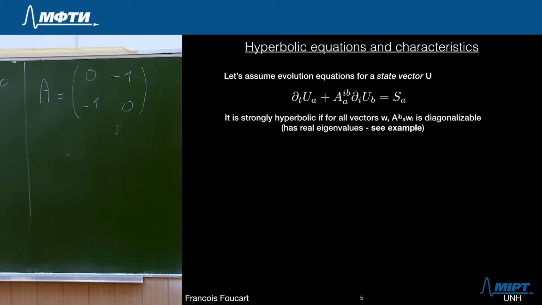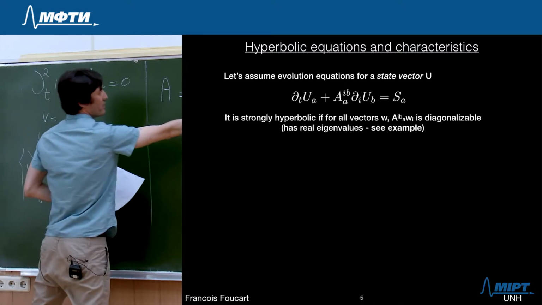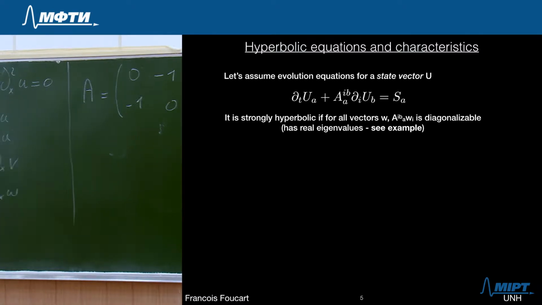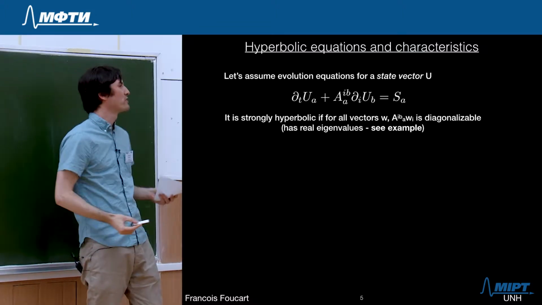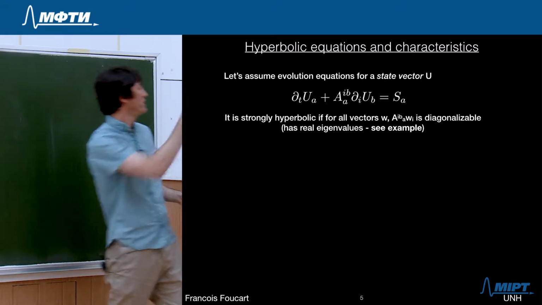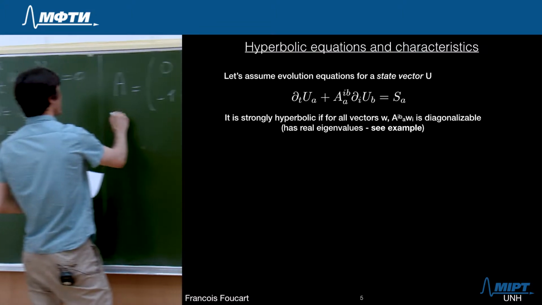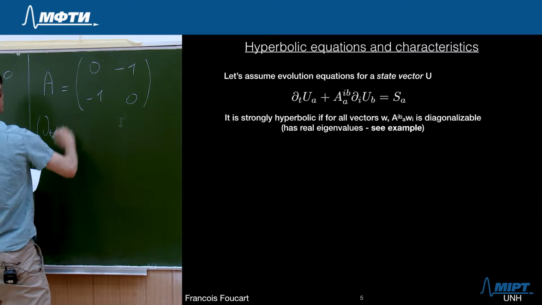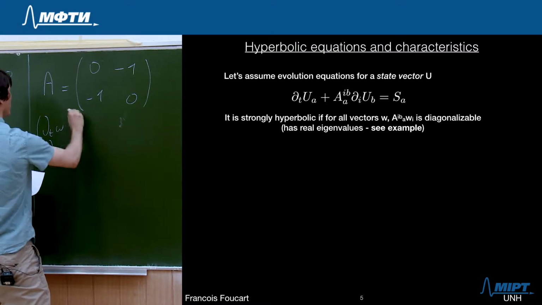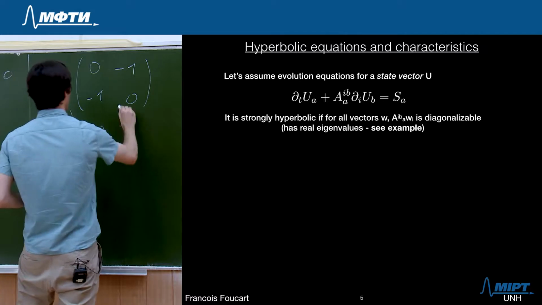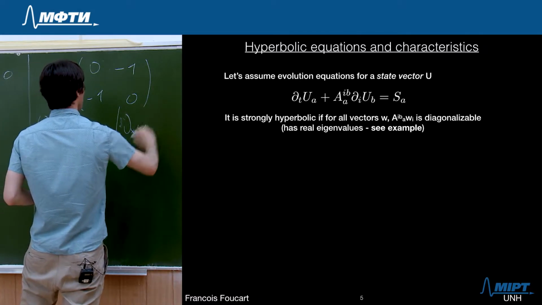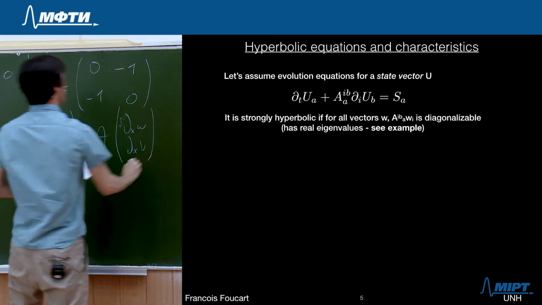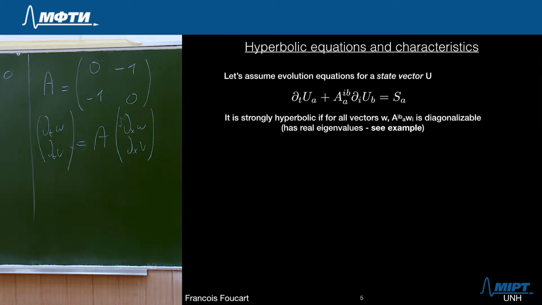And similarly, the time derivative of v does not depend on the spatial derivative of v, so the diagonal term is 0, but it depends on the spatial derivative of w with the -1 sign. This is the same thing as saying that ∂t of (w, v) equals a matrix A acting on this, minus A in this case, if I put it on the right-hand side.